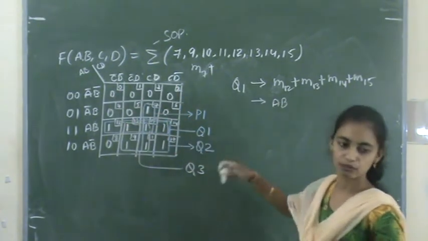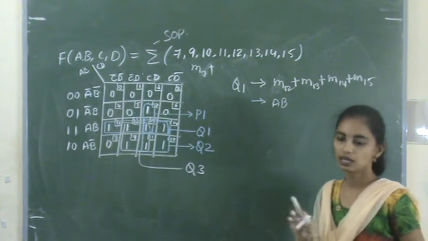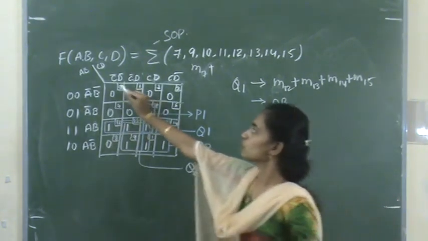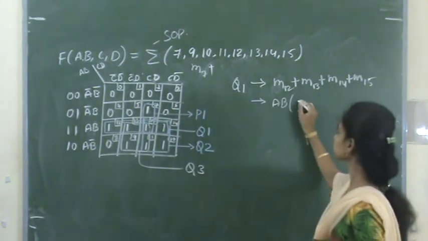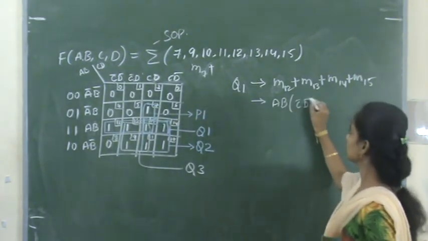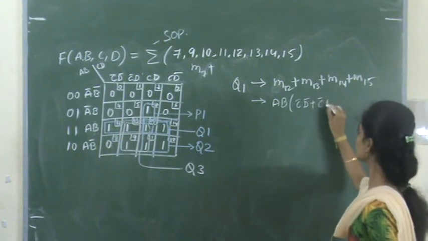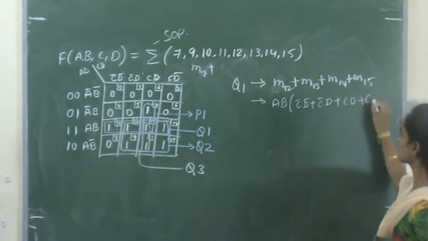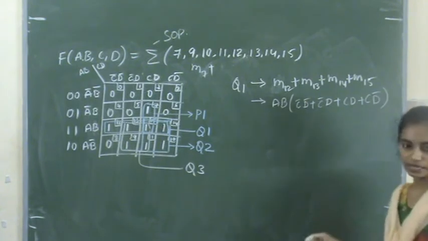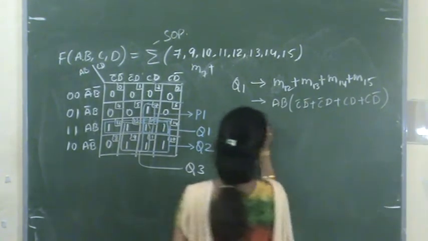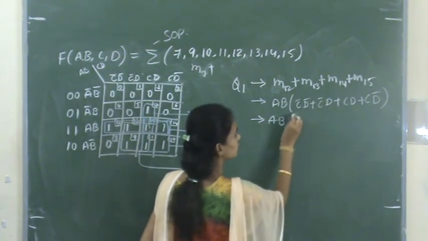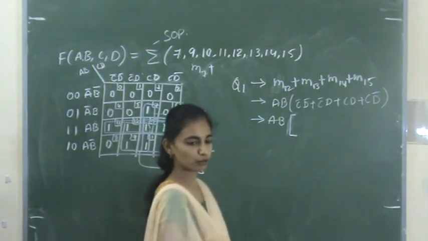I will show it for only one quad, and the remaining I will write directly. The remaining will be C bar D bar plus C bar D plus C D plus C D bar, right? AB as it is, that is the common factor for all four ones.